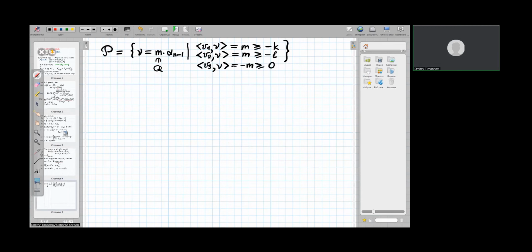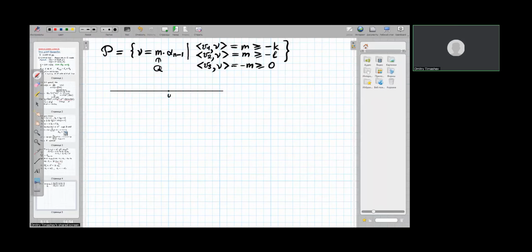So let me draw it for you to make it absolutely clear. So we have this line. This line indicates the vector space generated by the weight lattice. Let us put the lattice vectors on this line, the lattice points.